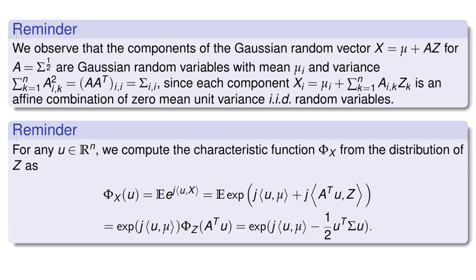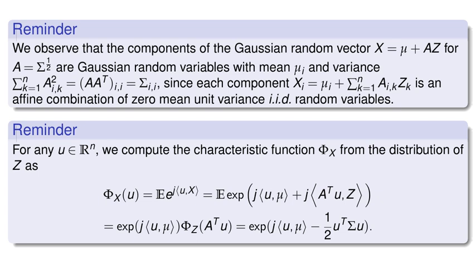Finally, let's compute the characteristic function phi sub x of u for a general Gaussian vector x equals mu plus Az using the known distribution of z. We have phi sub x of u is the expectation of e to the j inner product u x. Substituting x, we get the expectation of the exponential of j inner product u with mu plus Az.